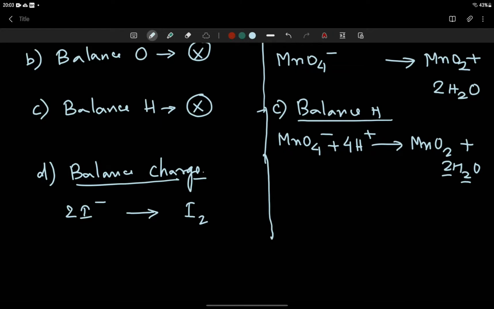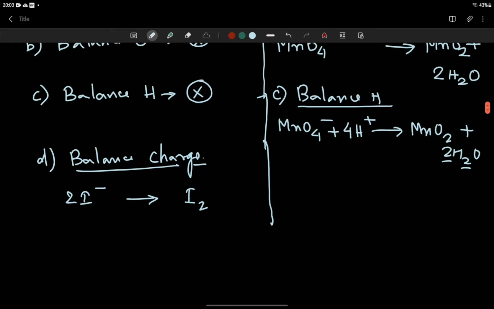In the iodine case, in the reactant side I have 2 negative charges, but in the product side I have no negative charge, it is neutral. So I have to balance the charge. I am going to add 2 electrons in the product side. So here I have 2 negative charges, and here also I have 2 negative charges. Now let's see the reduction half.